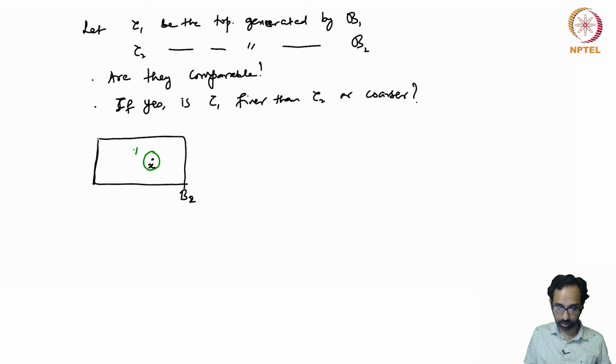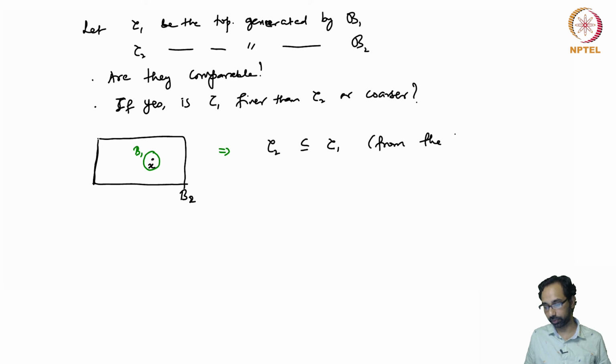So this is B1. This means that the topology tau2 is coarser than tau1 from Theorem 5.1, which I described below.